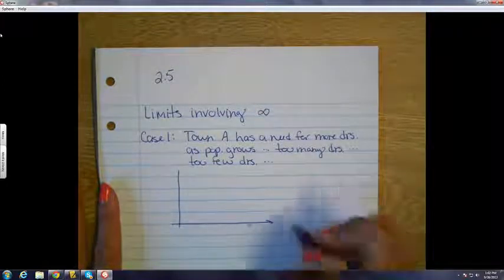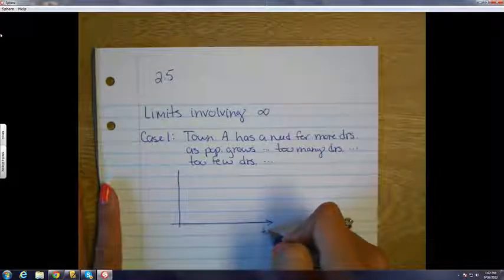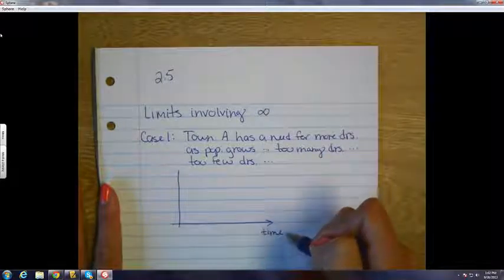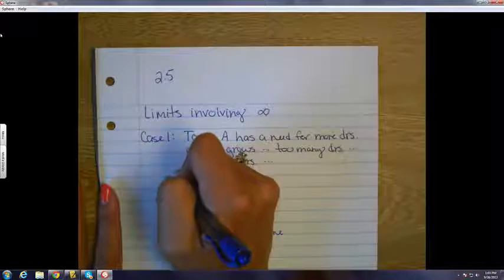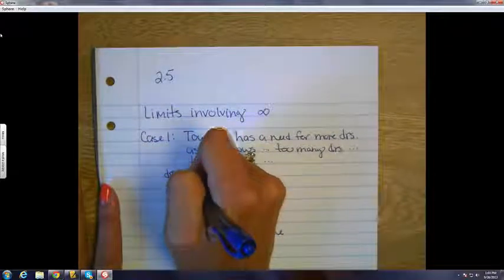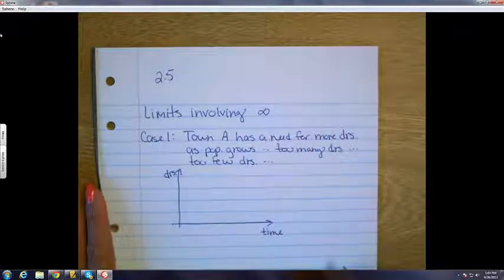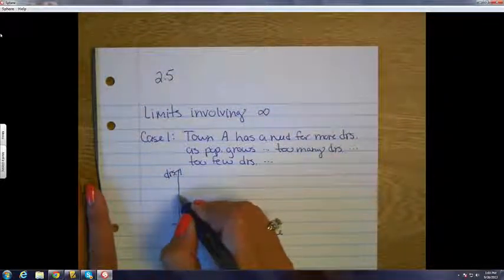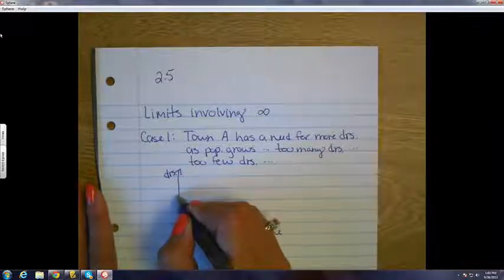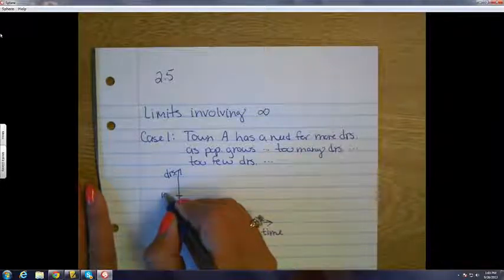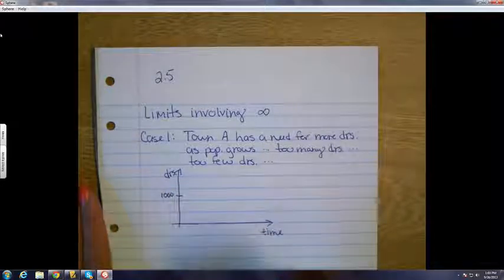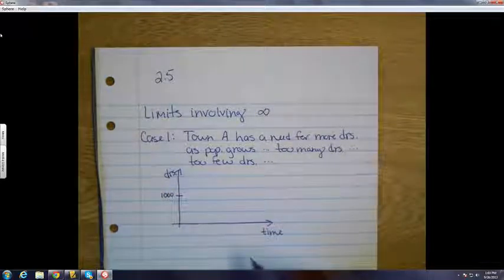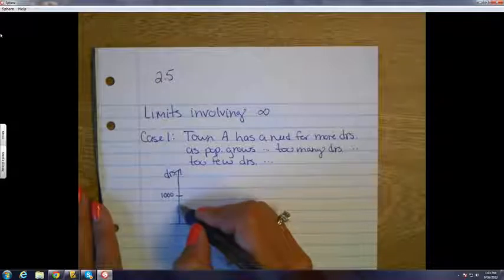So our x-axis is going to represent time in years, and our y-axis is going to be the number of doctors in this town. So we'll put this at 1,000 right here. So at the start, there's not enough doctors for the population, so the doctors are below where we want them to be.